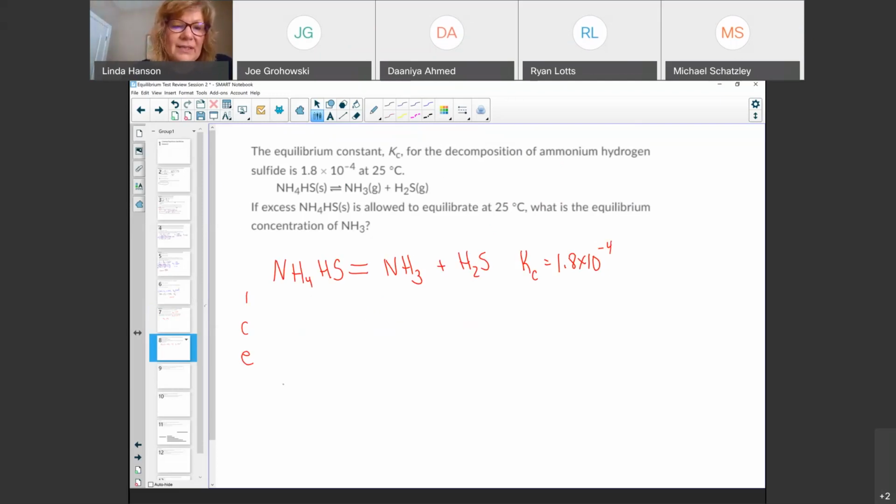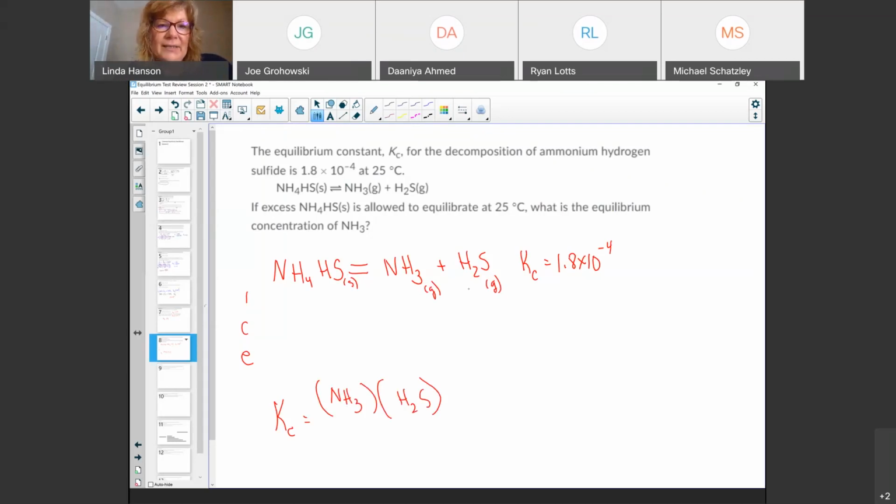We can see that the expression is going to relate to the ammonia, which is a power of 1, times H2S, which is a power of 1. And since this is a solid, we know that it simply drops out.